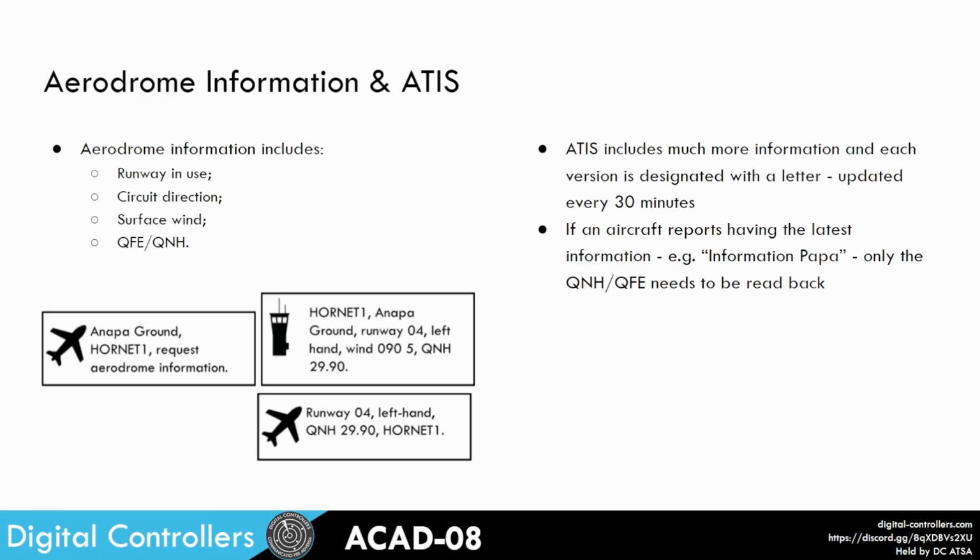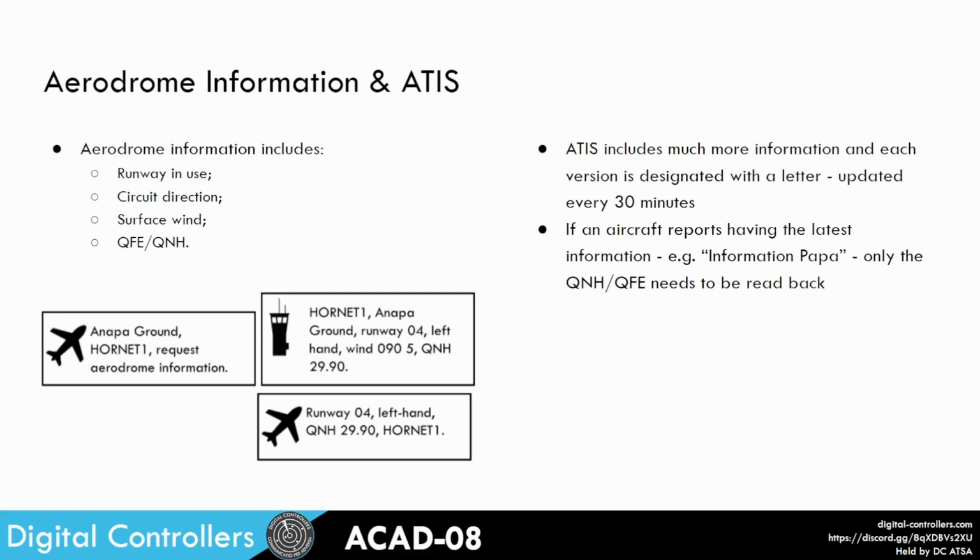So let's have a look at the aerodrome information and ATIS information. When an aircraft asks us for the aerodrome information, we want to give them the runway in use, the direction of the traffic circuit, the current surface wind, and the QFE or QNH.